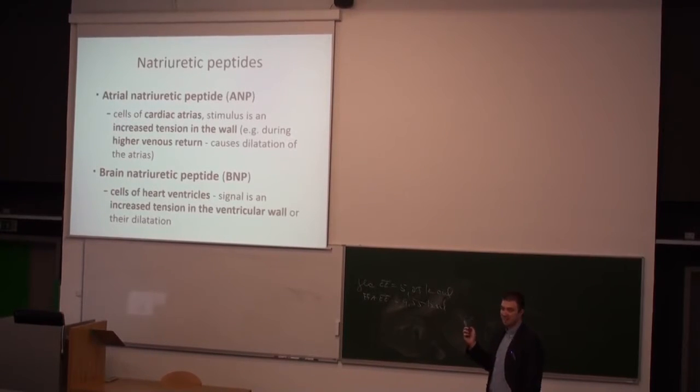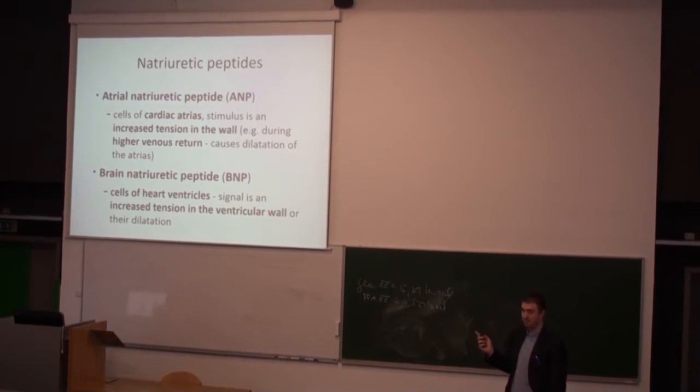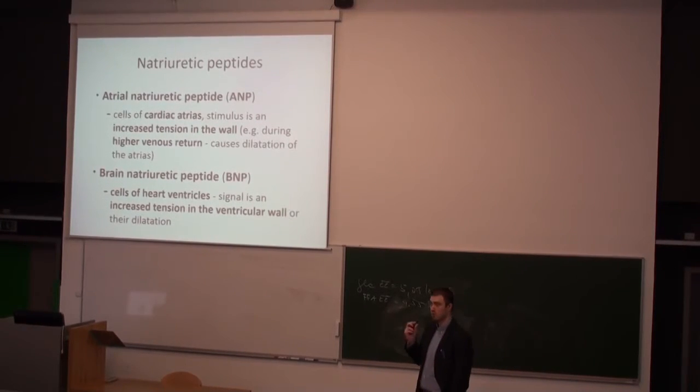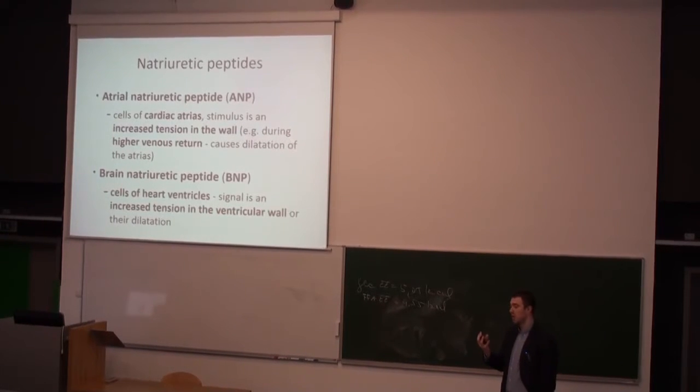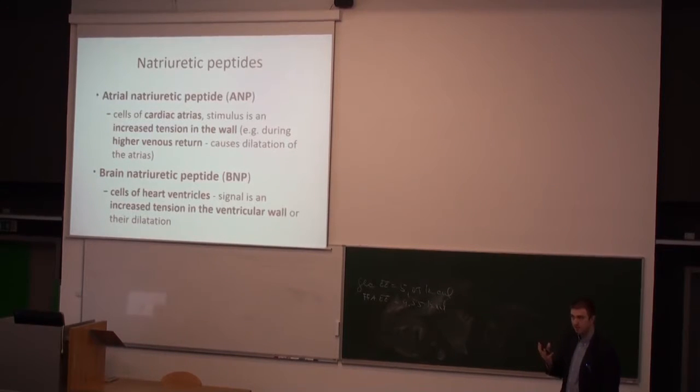When we use this in clinical practice, it's quite simple. If you have a failing heart, that means the heart is not able to do its work properly. One result is that it's not able to pump the blood out, and therefore the volume of the heart increases, the heart is dilated, and in that situation the secretion of these peptides is increased.